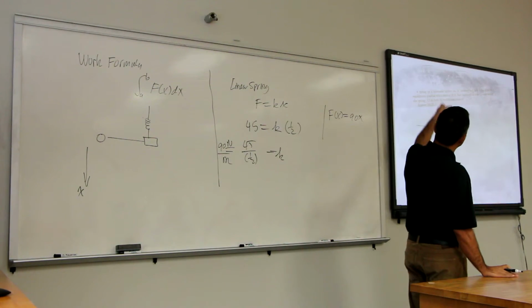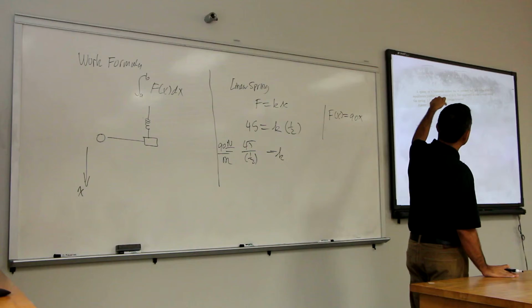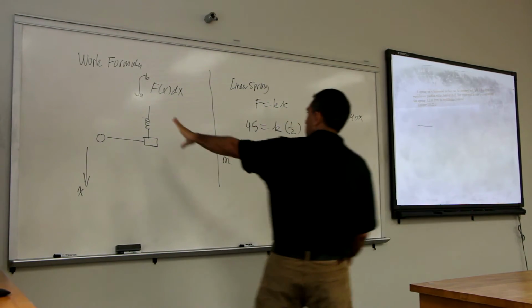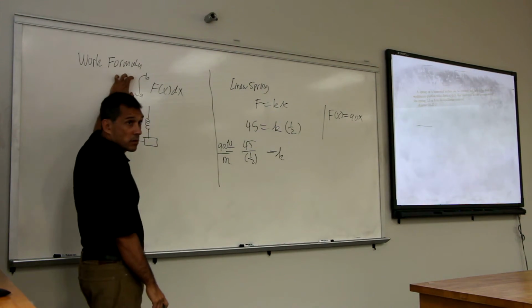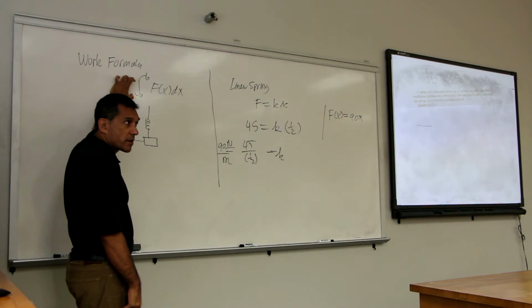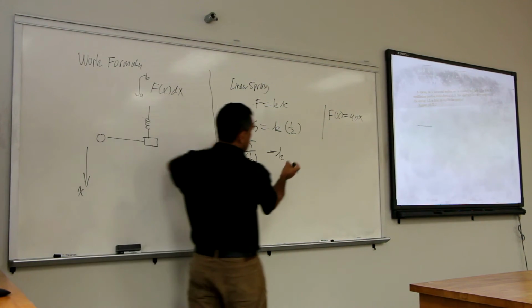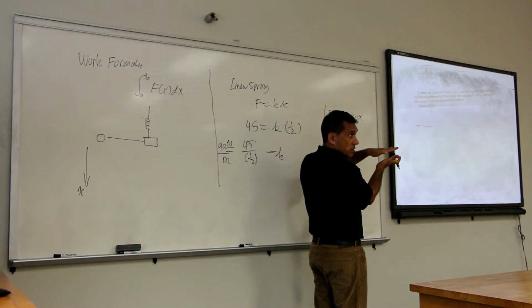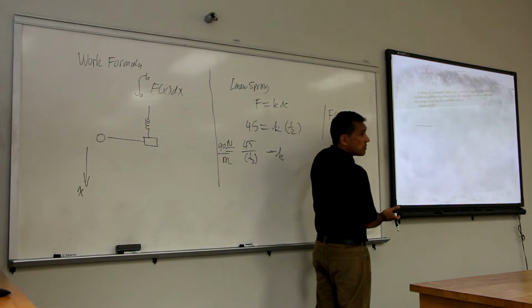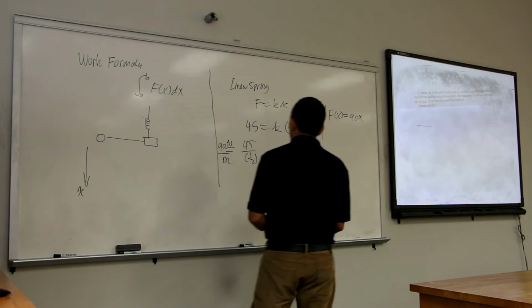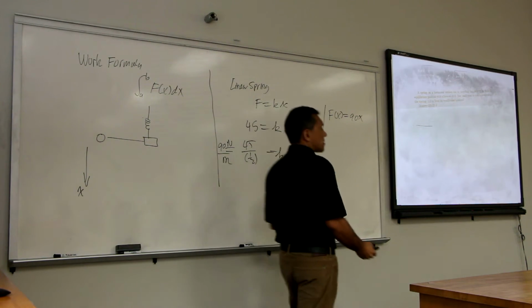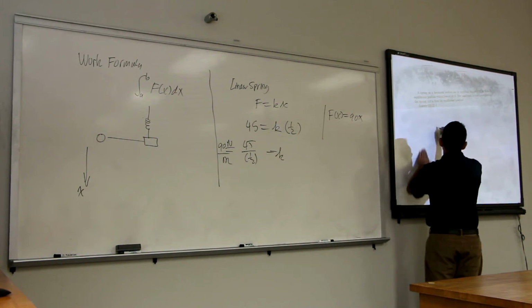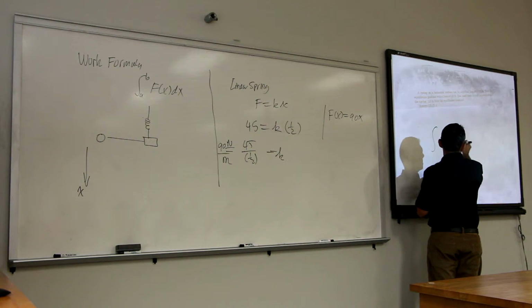Now what do you want to do? How much work is done in compressing the spring 1.5 meters from its equilibrium position? So that means I have to set up an integral, keeping in mind that as you are compressing the spring, you are applying more force. I'm going to have the integral of F of x dx.